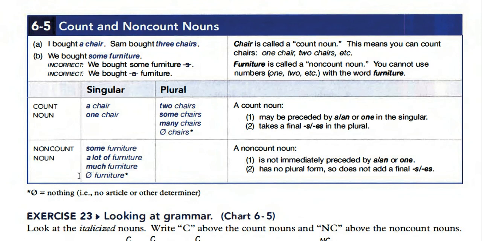Theta here means nothing. A countable noun may be preceded by a, an, or one, which means singular, and it can also end in es, s, or ies, depending on the word itself. A non-countable noun is not immediately preceded by a, an, or one. I couldn't put a, an, or one just before the uncountable word.